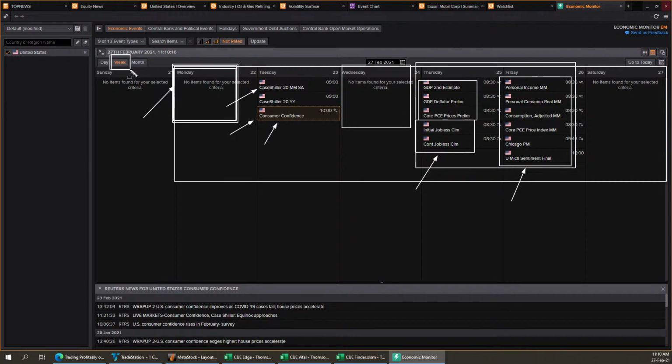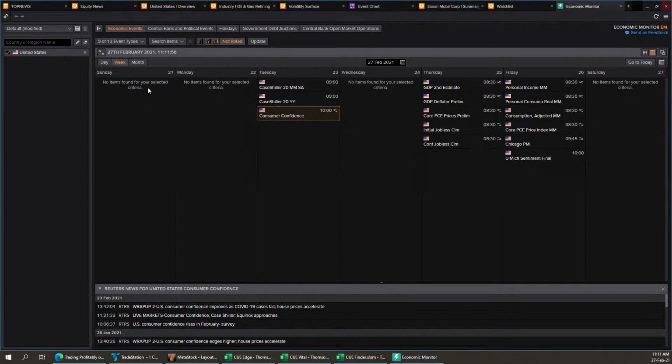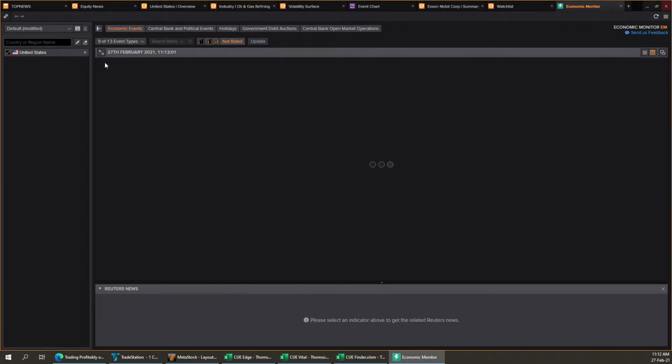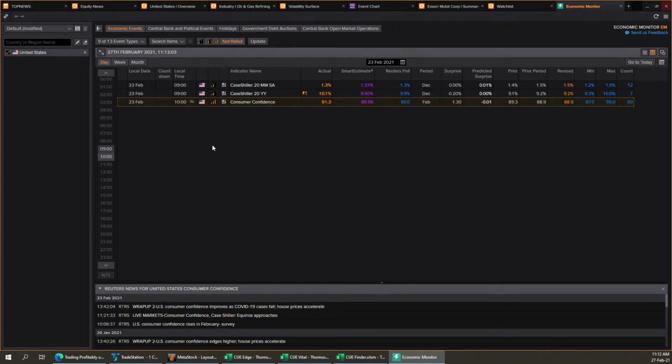I use the weekly view during the weekend to see what is going to happen in the coming week, and during the trading day I switch to the daily view so that I can see the events, what time they are occurring, and after the event has occurred, in real time you will get to know the actual data and compare that with Reuters smart estimate.